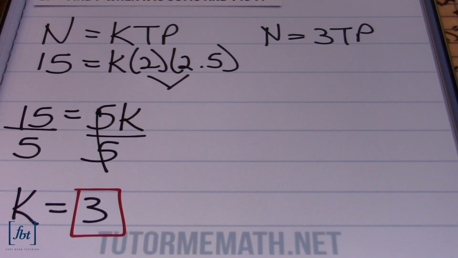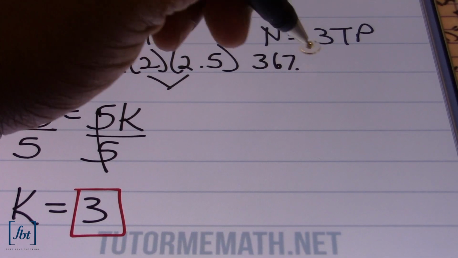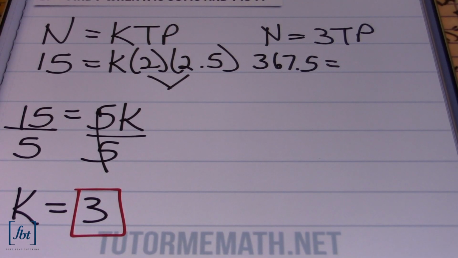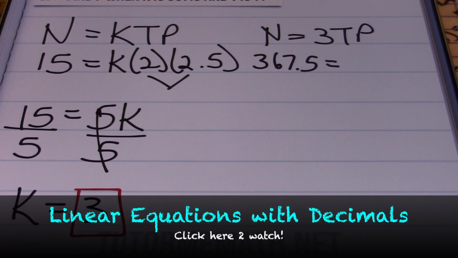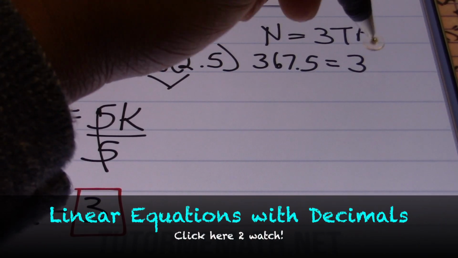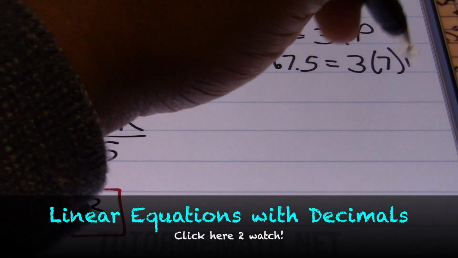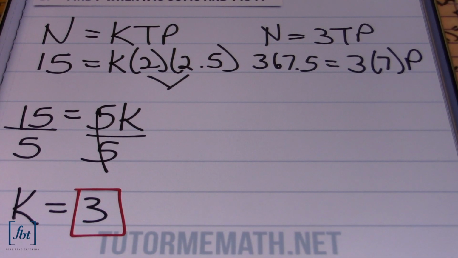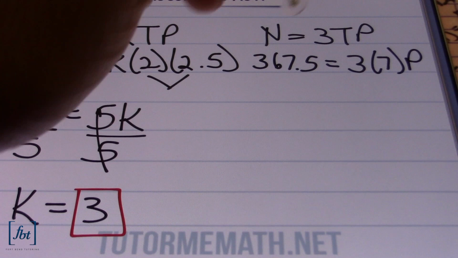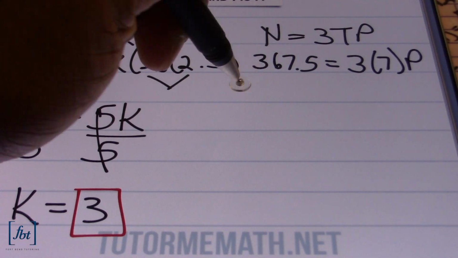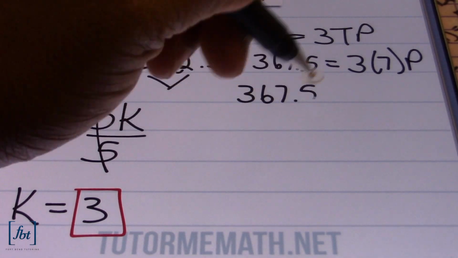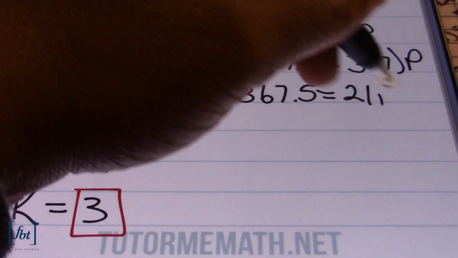This is our variation equation, and we'll be utilizing this variation equation to solve for p when n equals 367 5/10. What number is that they're using? Oh, that's just ugly. And t is 7. All right, well, that's just ugly. However, continuing this problem, we'll have 367 5/10 equals 21p.